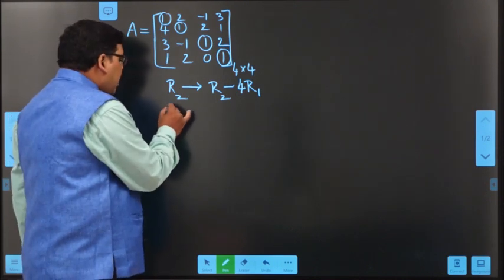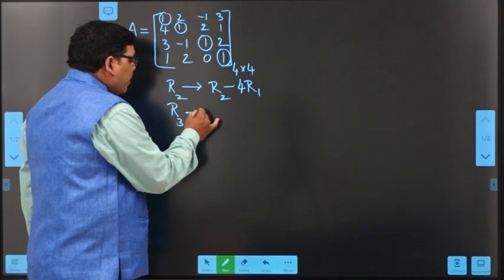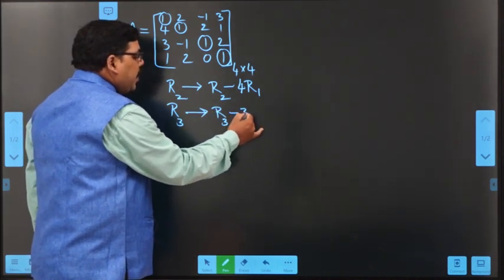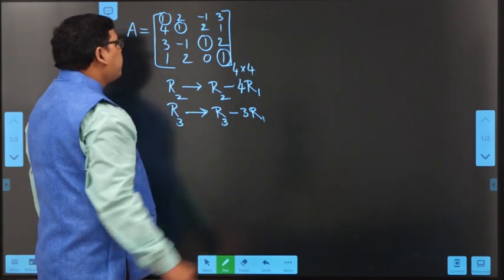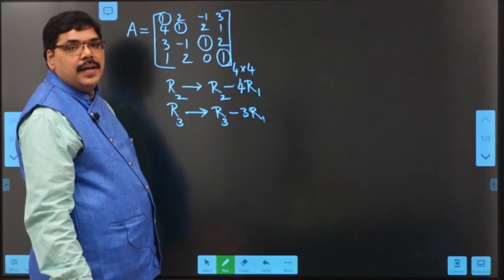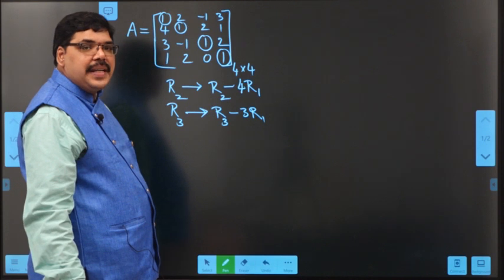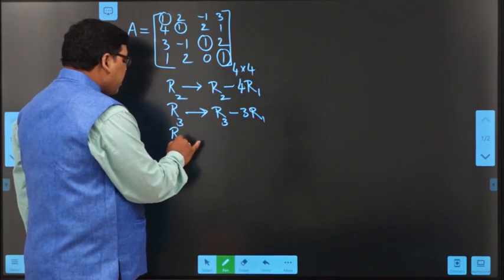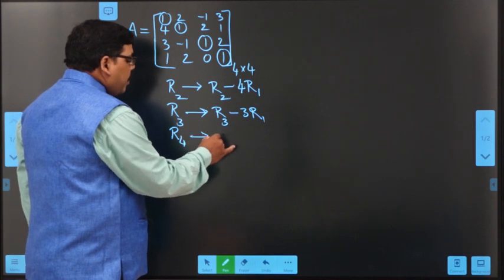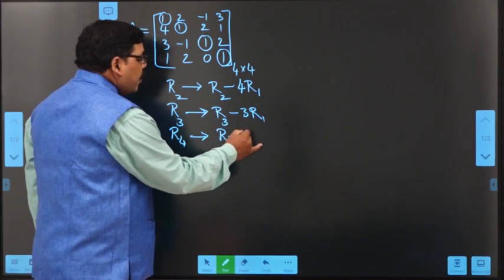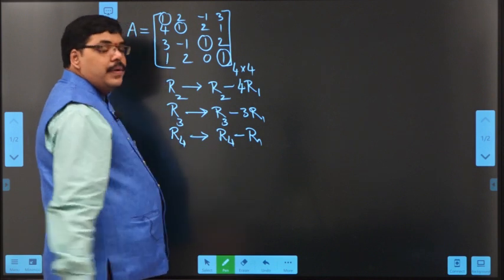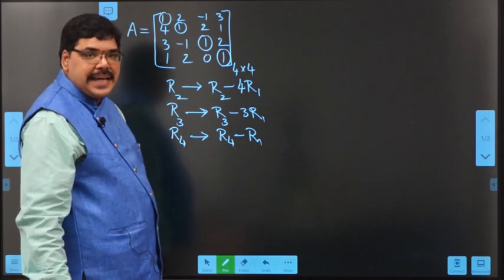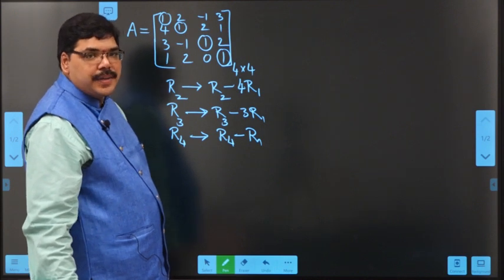So I will change the third row as R3 implies R3 minus 3R1. And in the fourth row, the first element is 1. So I am applying the row operation R4 implies R4 minus R1.